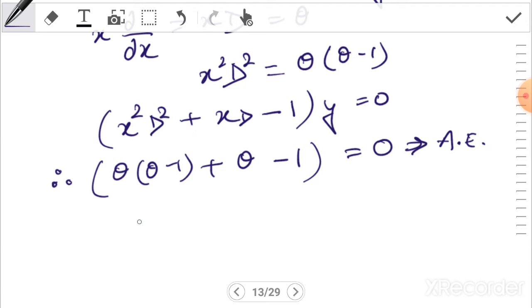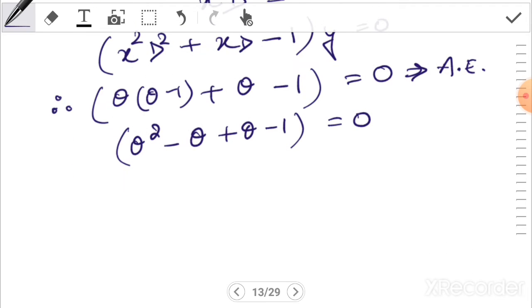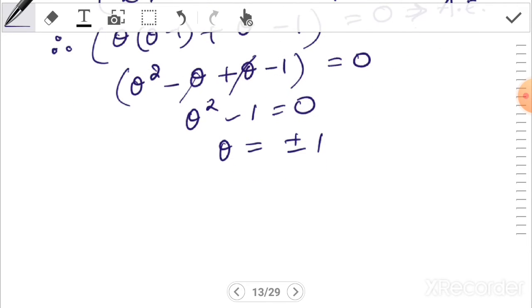So this is the auxiliary equation. Now solving, we have theta square minus theta plus theta minus 1, or theta square minus 1 is equal to 0. That means theta is equal to plus or minus 1.